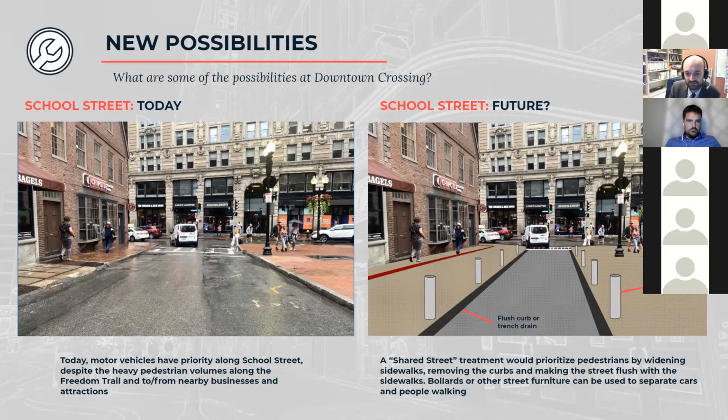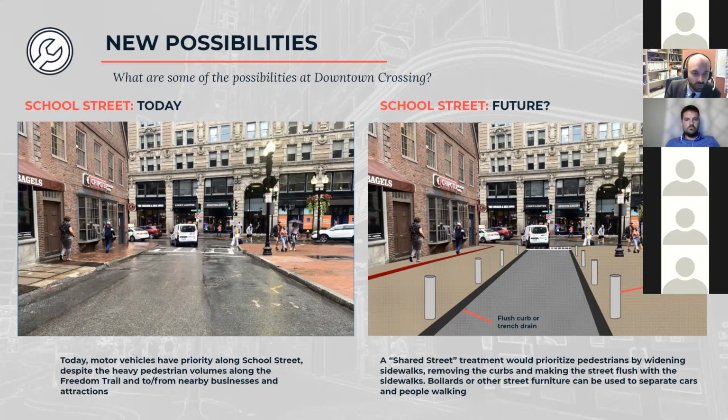And so, wouldn't it be great to have a School Street where you had some wider pedestrian path, nice smooth materials, so that you didn't have to be looking down at your feet. You could actually look up and appreciate the amazing historic buildings and all the activity around you.